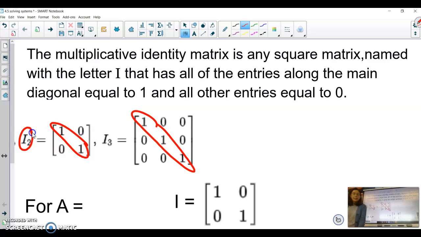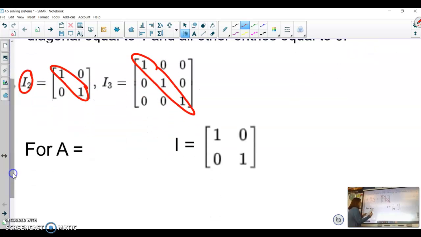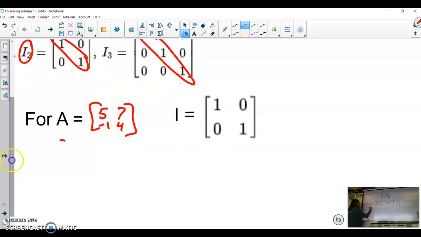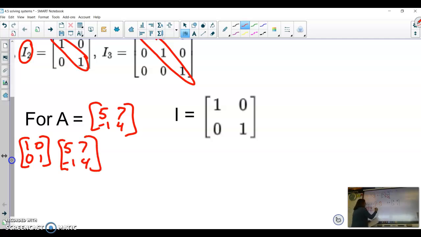So for instance, if you have the matrix A, and on your paper I think you have 5, 7, negative 1, 4, if I multiply that times I, so if I do I times that matrix, if we put this into our calculator or do it by hand, what we'll end up getting is just the original matrix.